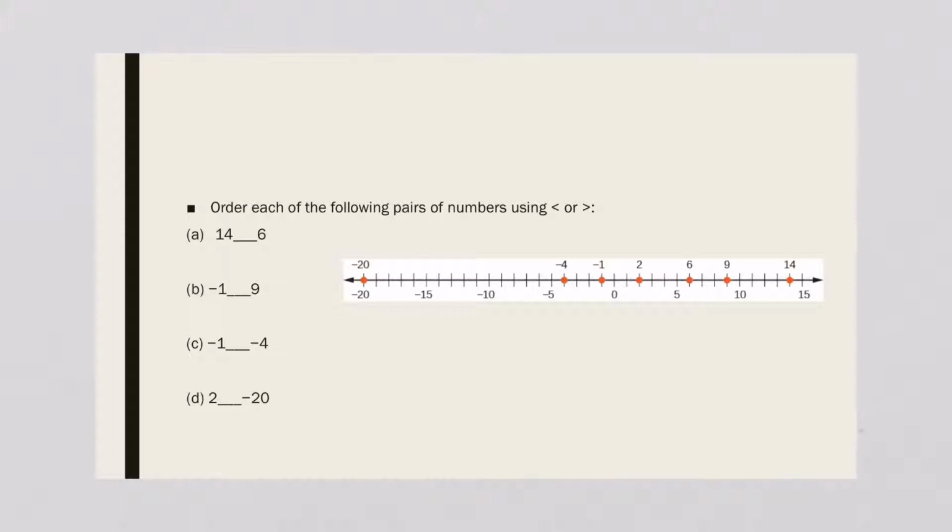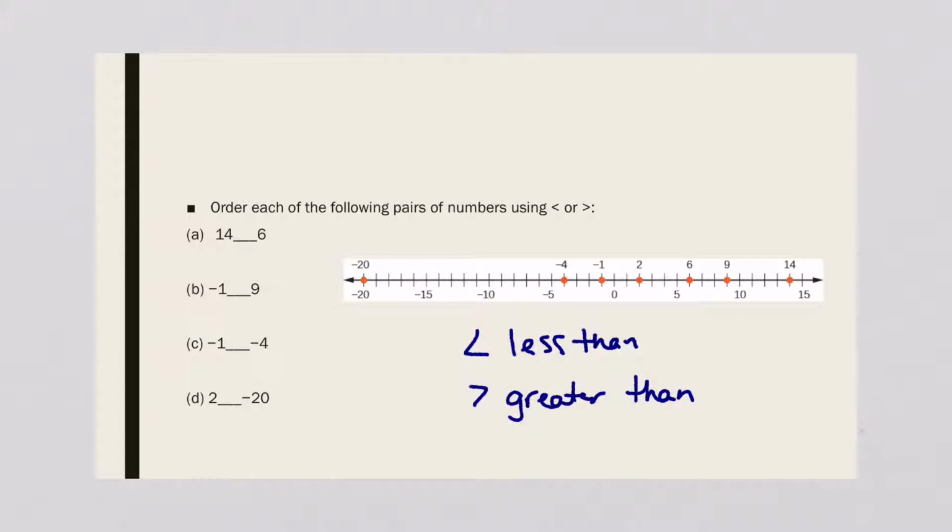Okay, so if we are using less than, remember this symbol is less than, and this symbol is greater than. So if we are ordering these, then the thing that you need to remember is that your bigger numbers are on the right.